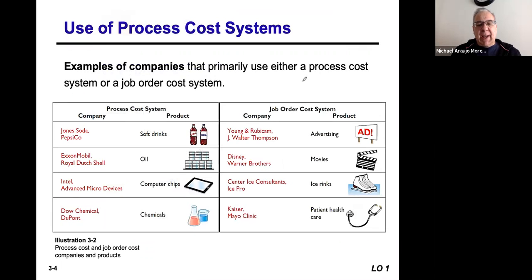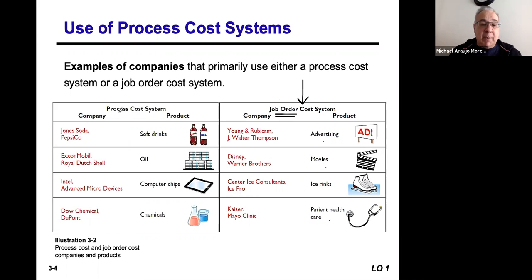So again, job order cost systems are very common for various companies that have very specific products that they could assign to specific jobs. So whether it's an advertising product or a movie or other types of things, patient care, for example, a job order cost system probably works quite well for these types of companies.